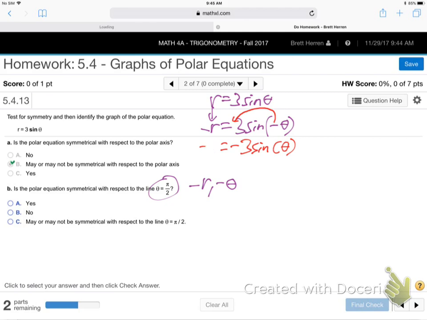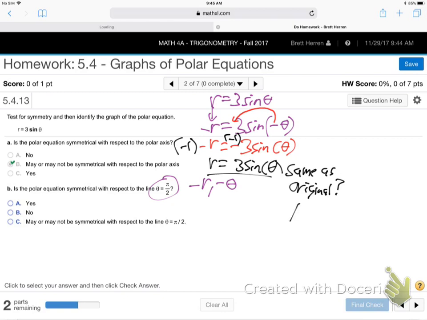How else can I simplify this thing? Yeah, multiply both sides by negative 1. It's got negative in both, so they're just going to vanish, aren't they? I'll show it formally, right? Because you can always do the same thing to both sides of an equation. That's always allowed. So it just becomes regular r is regular 3 sine theta. Is that the same as the original?